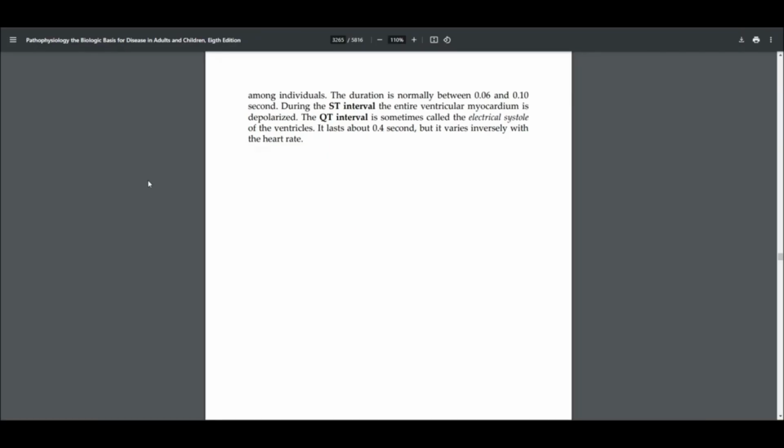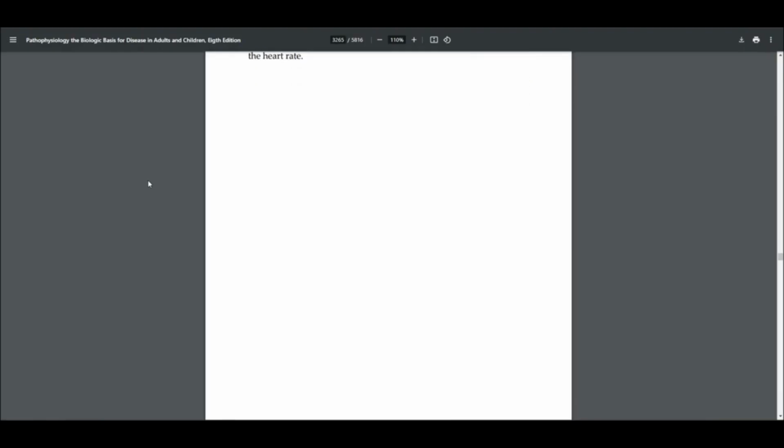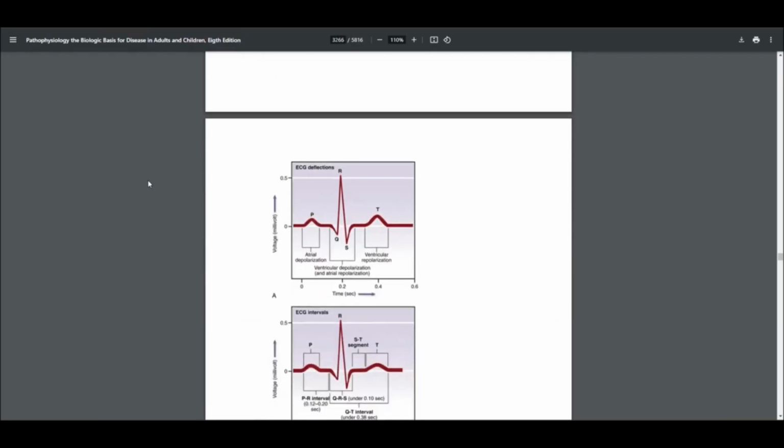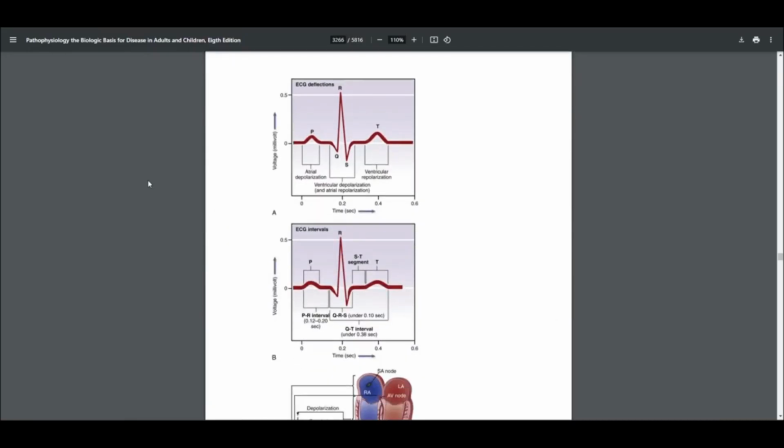The QT interval is sometimes called the electrical systole of the ventricles. It only lasts about 0.4 seconds, but it also varies inversely with the heart rate. That's how we can measure definitely if there is a blockage in the heart. Your first degree heart blocks are always that prolonged PR interval.